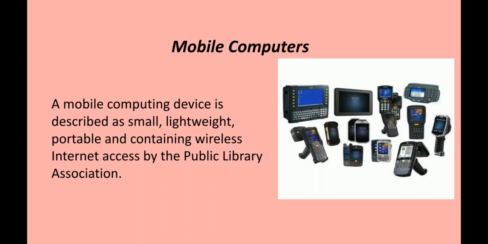Your mobile phone is a mobile computer, not your Nokia 1100 or whatever it is. That is not a mobile computer, it is only a kind of calculator. It should connect with the internet, be wireless and lightweight, like your tablet.